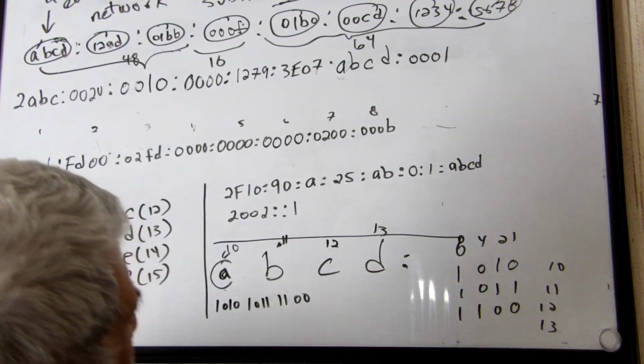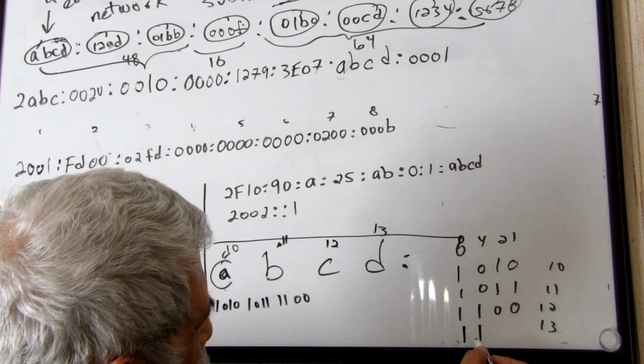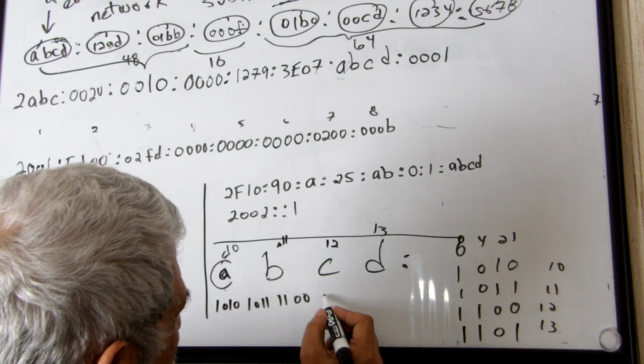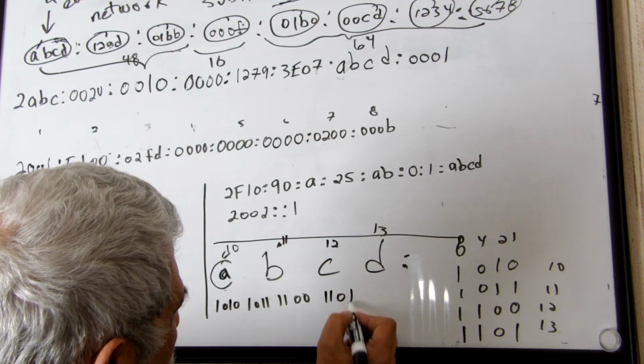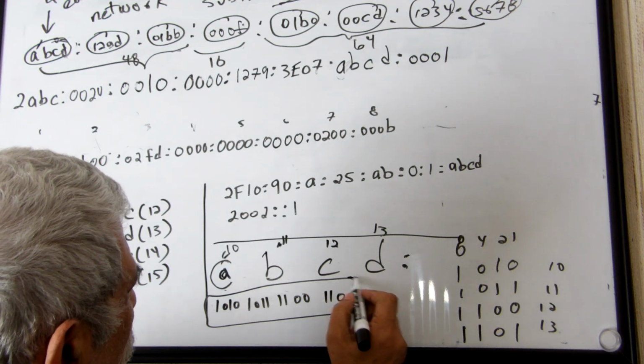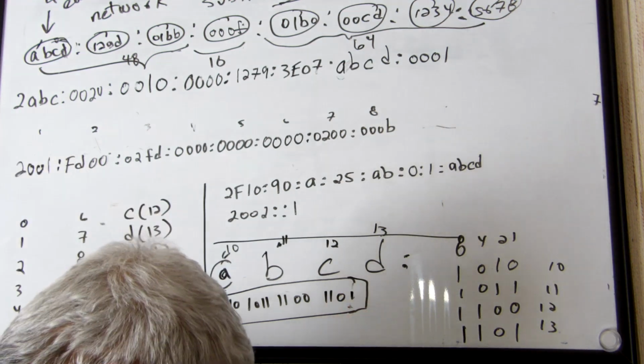D is going to be 13: 8 plus 4 is 12, and one more makes 13, so it's 1, 1, 0, 1.